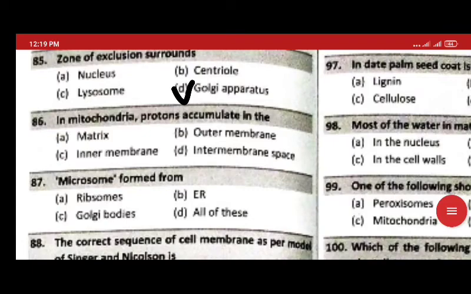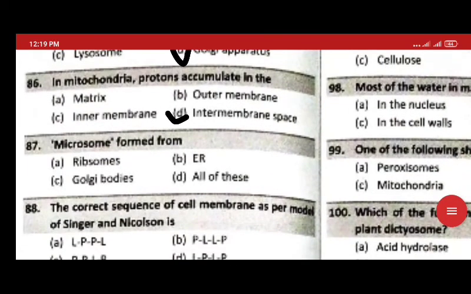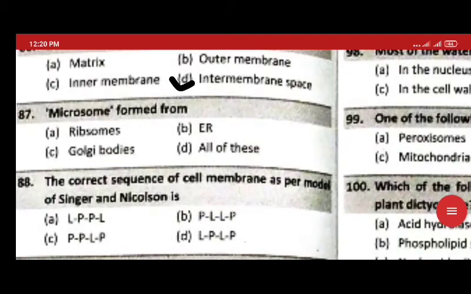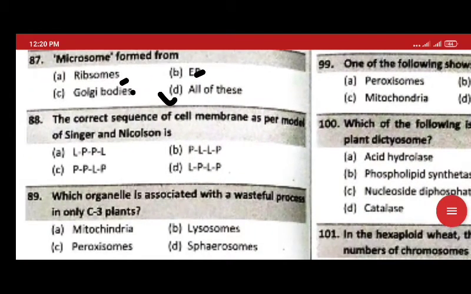86, in mitochondria proton accumulated in the inner intermembrane space, there is proton found. Now microsomes formed from. So microsomes formed from mainly in what? All this Golgi body, all. The correct sequence model of Singer and Nicolson. Singer and Nicolson said what?